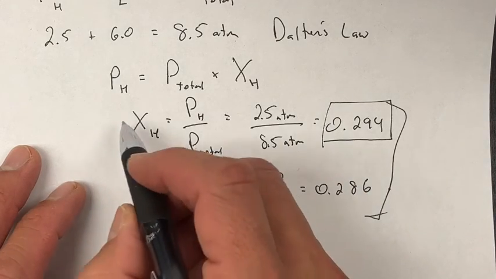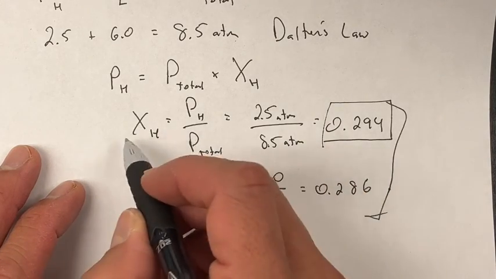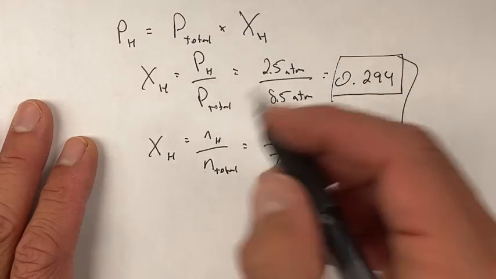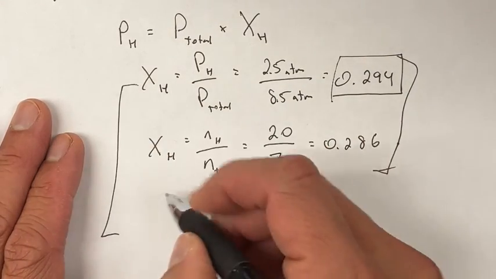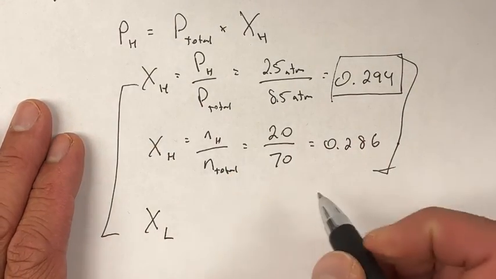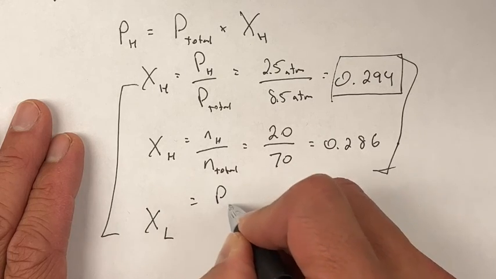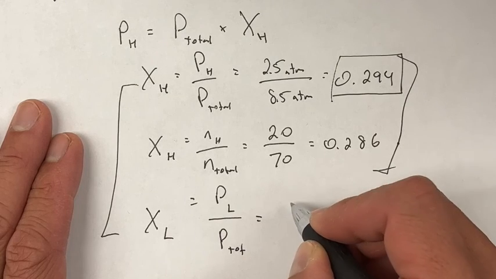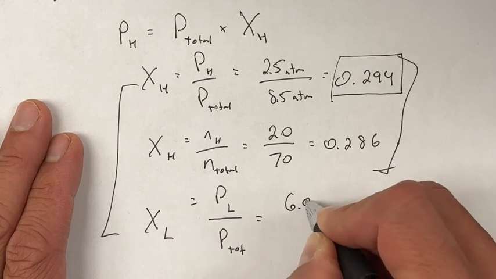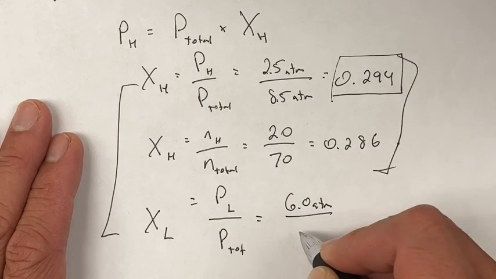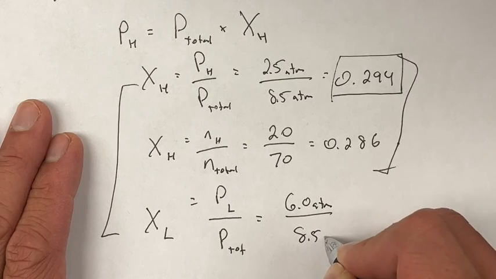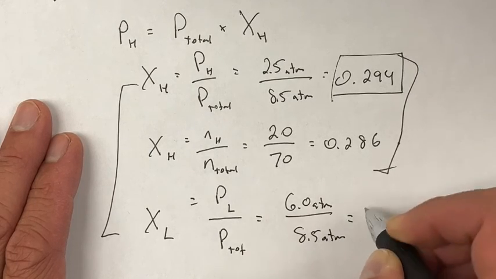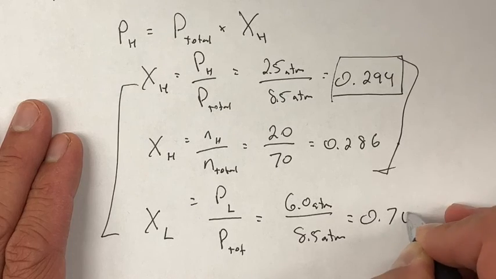If I want to get the mole fraction of the light particles, that's just the partial pressure of the light divided by the total pressure. That's 6 atmospheres over 8.5 atmospheres, which ends up being 0.706.